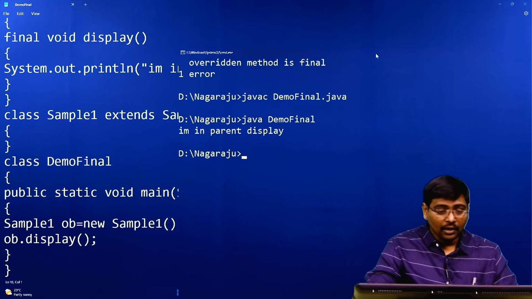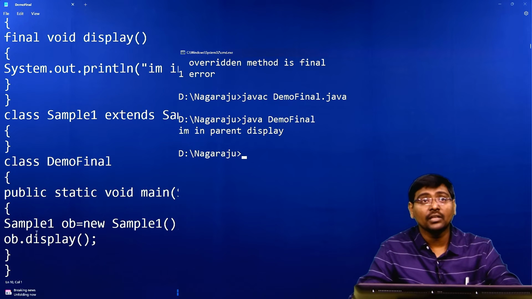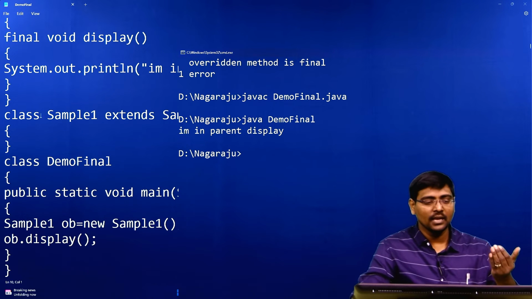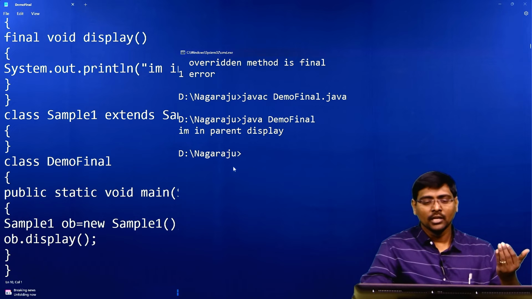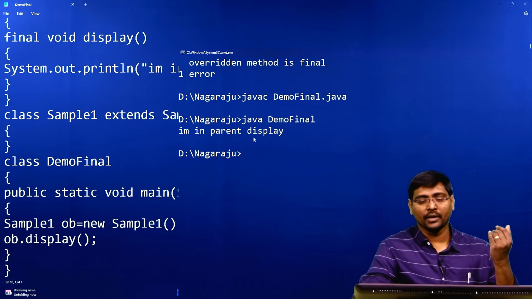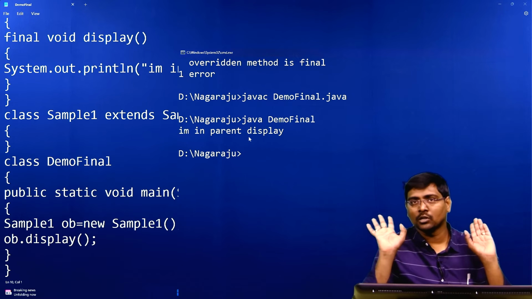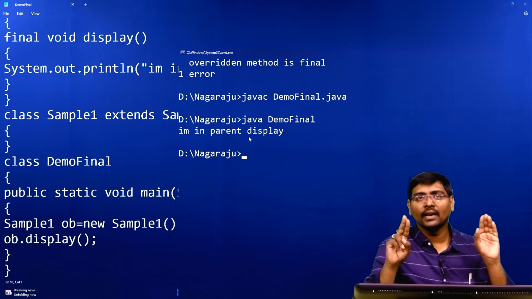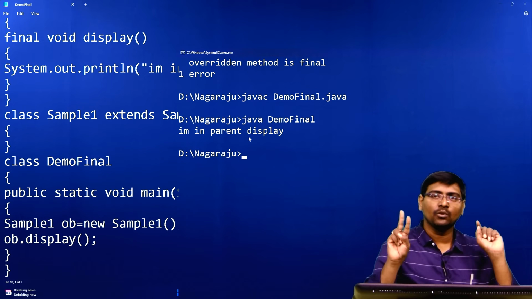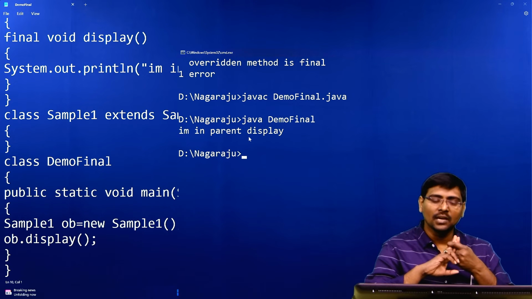Anyway, I created an object for the child class. Because of inheritance, the parent display is available to the child class. So that is the reason whatever information I wrote, that is printed. Inheritance is possible, but overriding is not possible. That is the second usage of final.